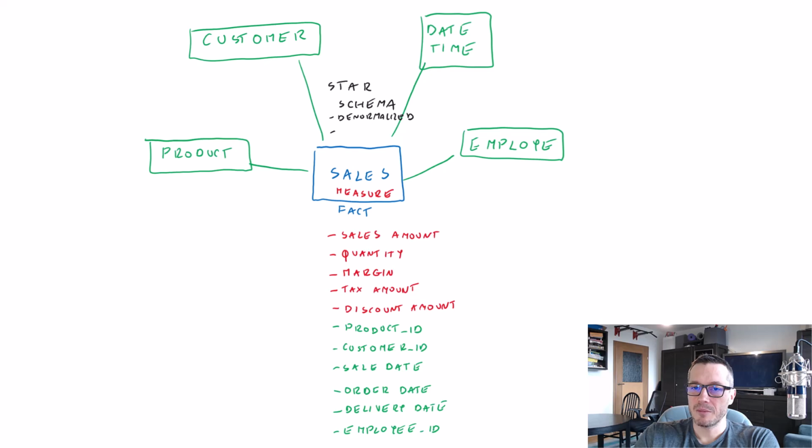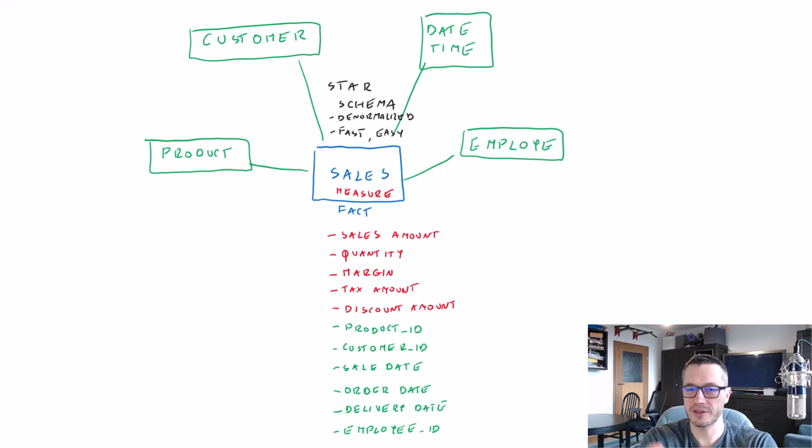And secondly, because the model is so simple, it is very fast to query. Because what usually happens is that you have to read your sales table and simply join it with those dimensions. And that's it. There is no complex logic associated with the joins. And finally, this model is super easy to understand. If you give it to an end user and say, hey, this is your sales.